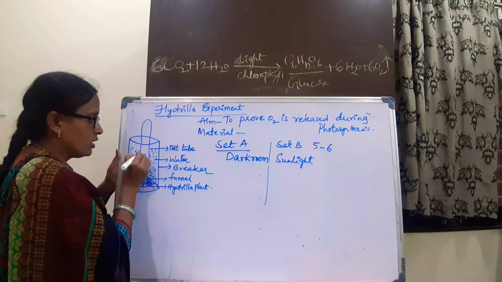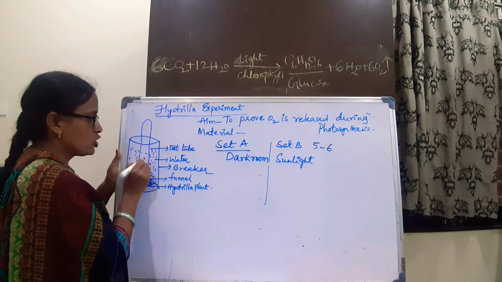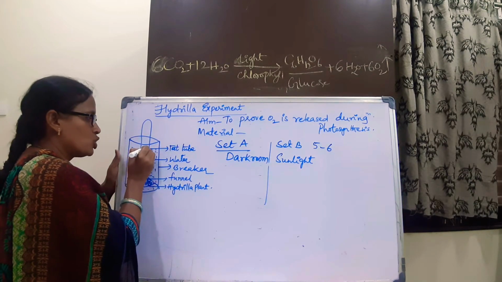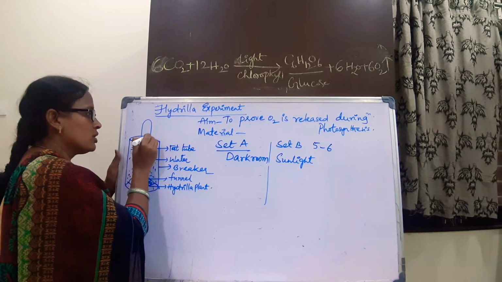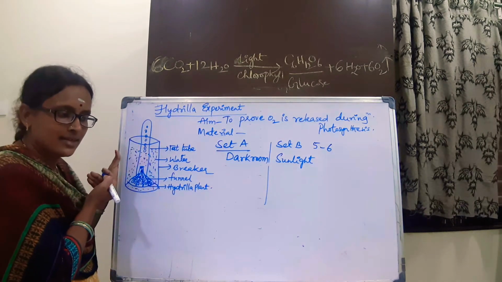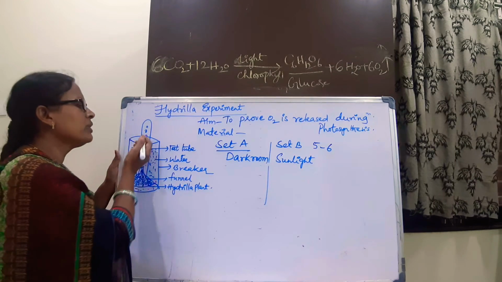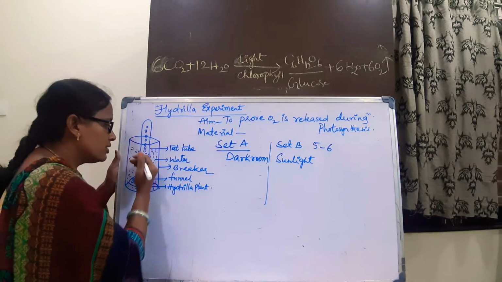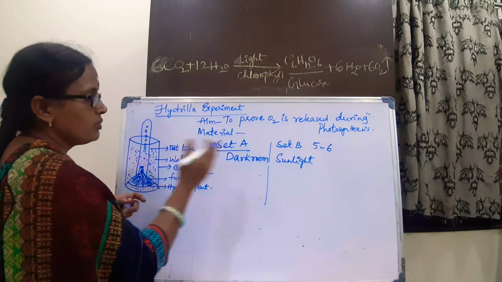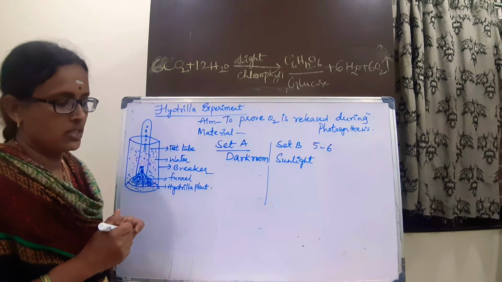Before that, the water level will be there in the test tube also. But as time passes, gradually some bubbles occur and the level of water decreases. So some gas is being produced, which decreases the level of the water. What is that gas? We are going to test.